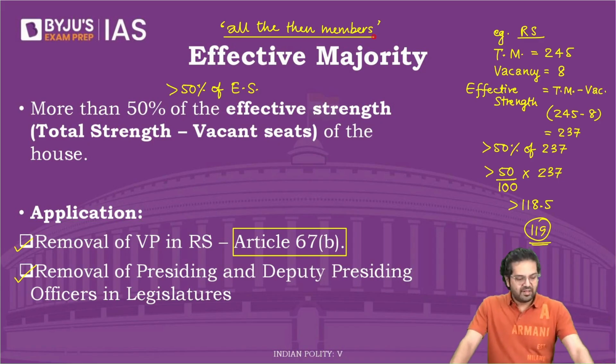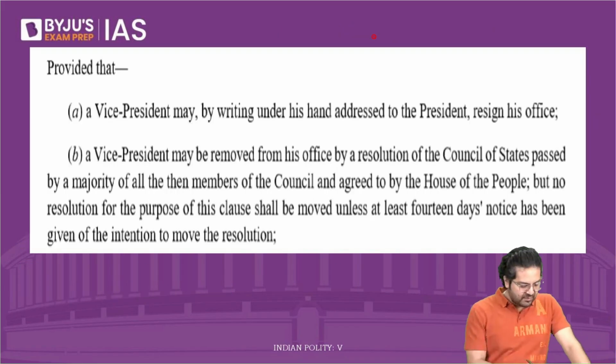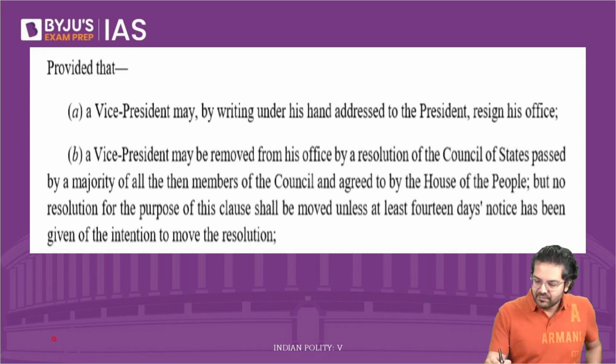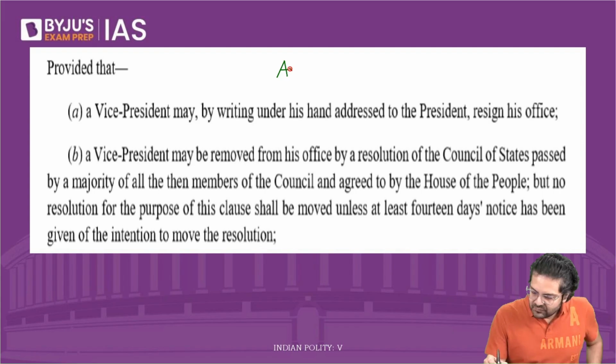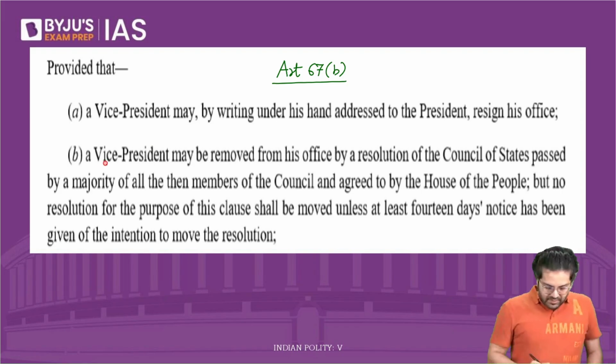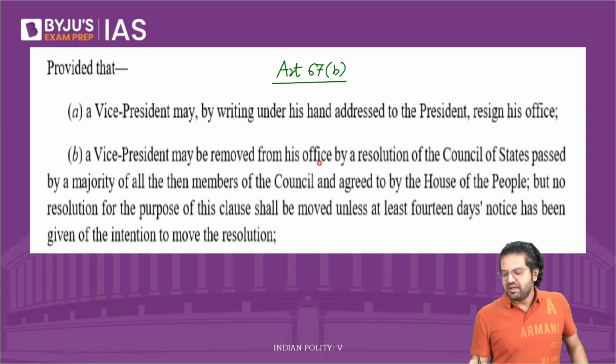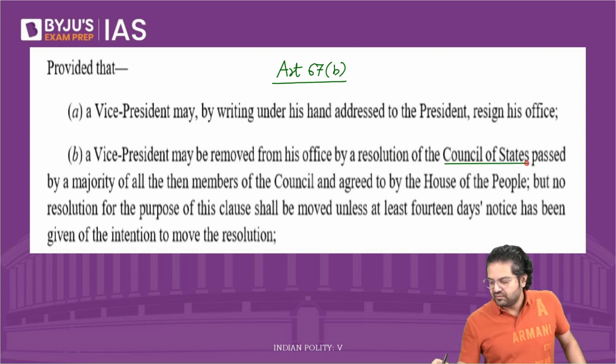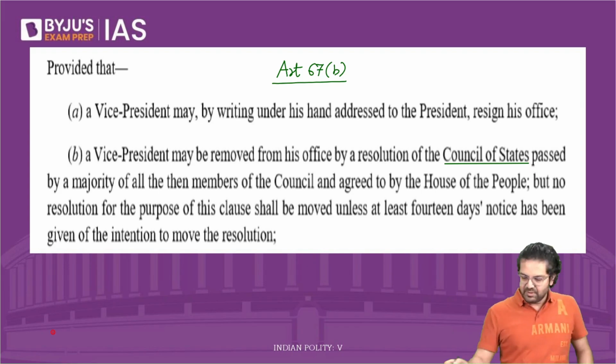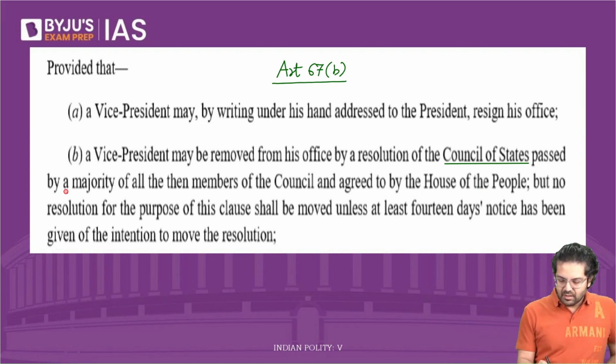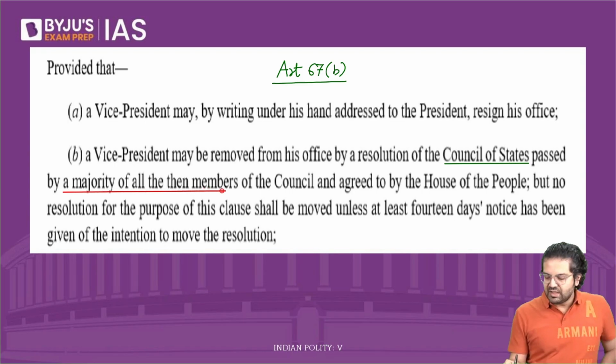Simple. For example, this is nothing but a screenshot of the constitution only. This is Article 67B. A vice president, please observe, may be removed from his office by a resolution of the Council of States. What is Council of States? Innocent aspirants, please tell me. Passed by a majority of all the then members.